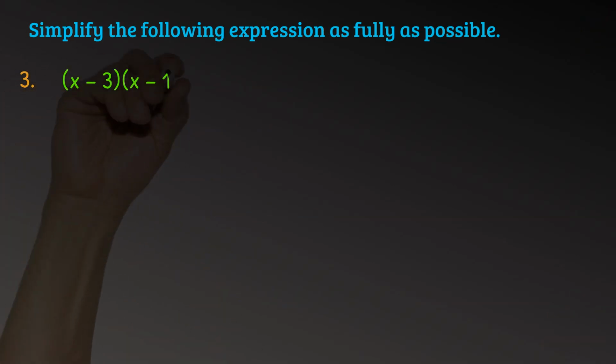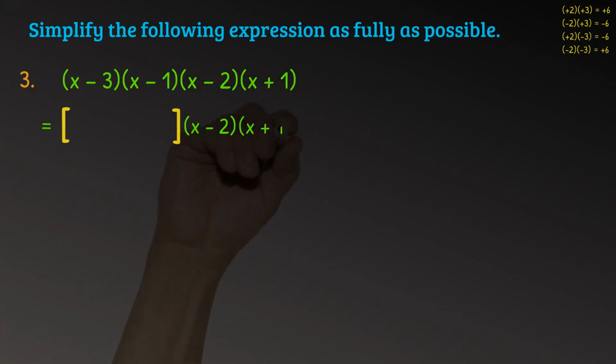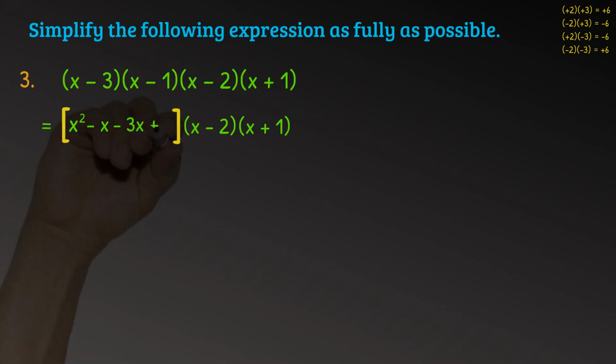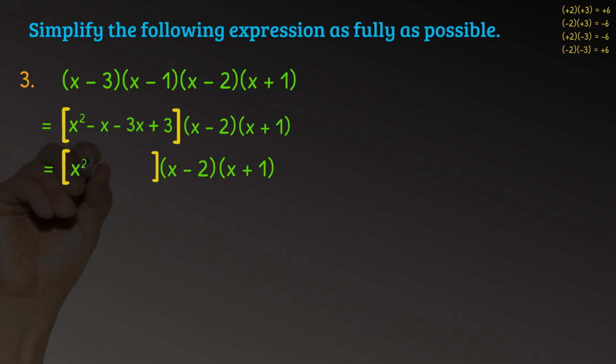And in question 3 we also have 4 brackets, so multiplying out the first two brackets we get x squared minus x minus 3x plus 3, and then if we tidy the yellow bracket up we get x squared minus 4x plus 3.